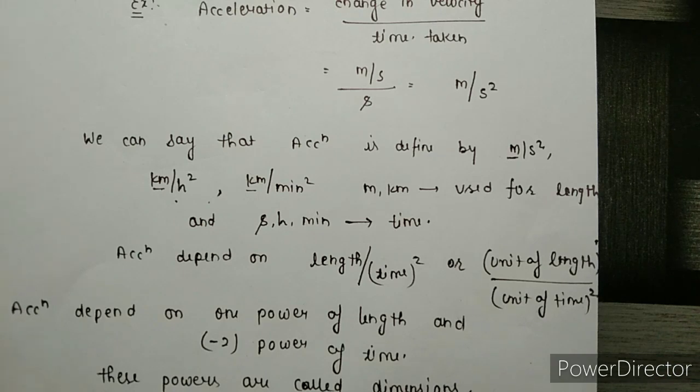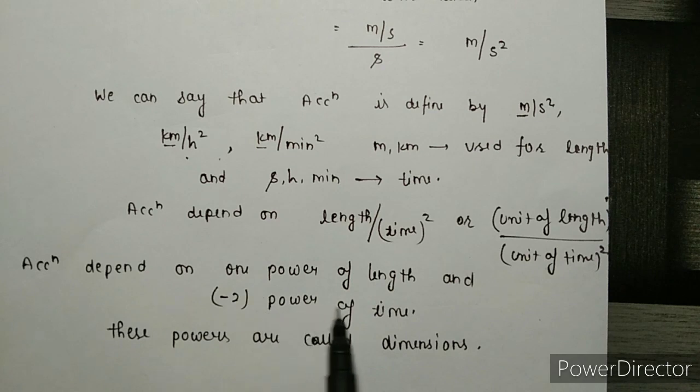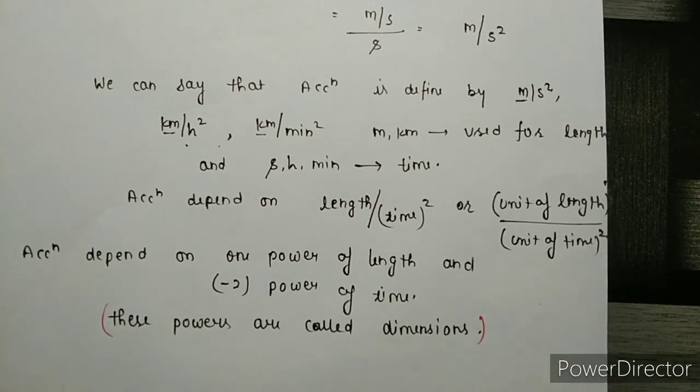So these powers, 1 power of length and minus 2 power of time, are called dimensions.